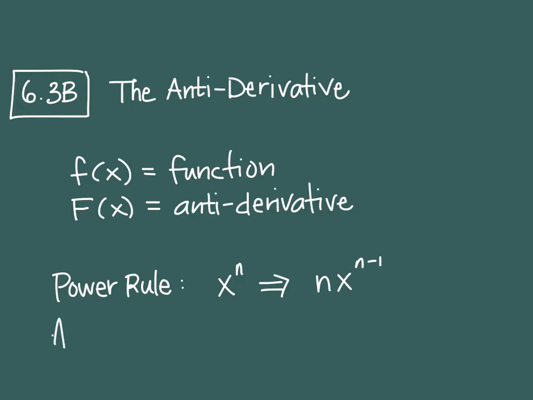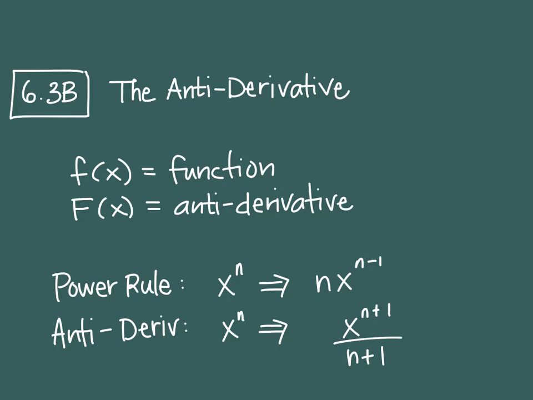If you're going to do that backwards, and you start with the power n, well then to do that backwards, you need to increase the power by 1 first, and then you need to divide it by that higher power as a quantity. And so that does the reverse to finding the antiderivative. So it undoes what you had just done.